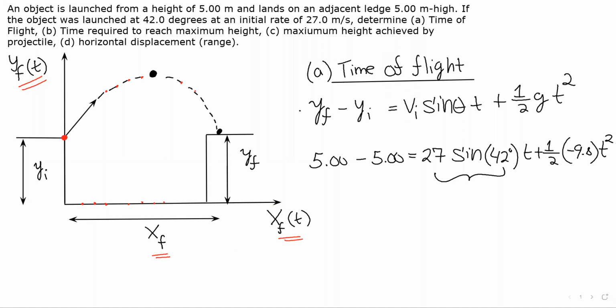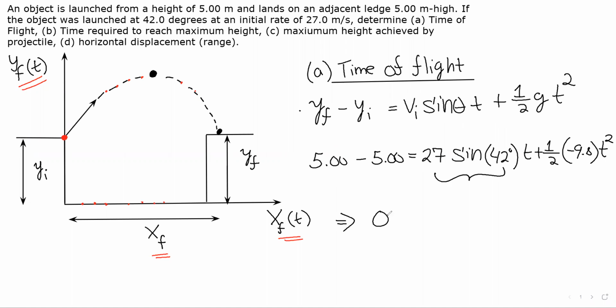So looking at the time of flight, here's the kinematic equation I used. Y final minus y initial equals VI sine theta t plus 1/2 gt squared. I plugged in the final height of 5, initial height of 5, my velocity, and my angle. And let me just continue.